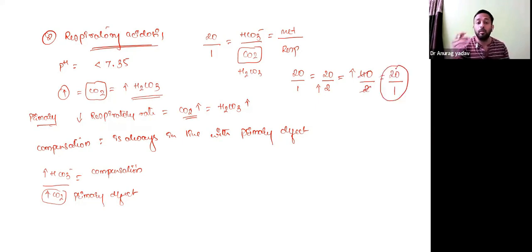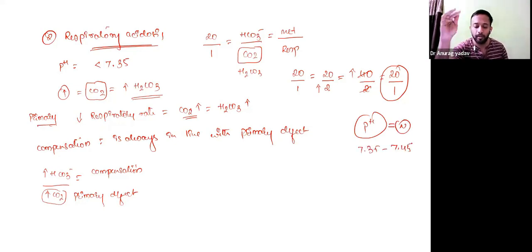So the body is trying to compensate the primary defect. The primary defect was increase in carbon dioxide. The compensation is the body tries to increase the other component, that is the bicarbonate, bringing the ratio back to normal, and hence the pH is brought back to the normal level of 7.35 to 7.45.